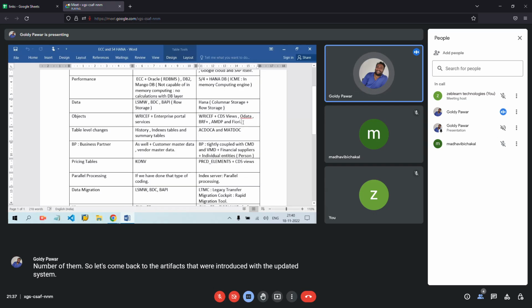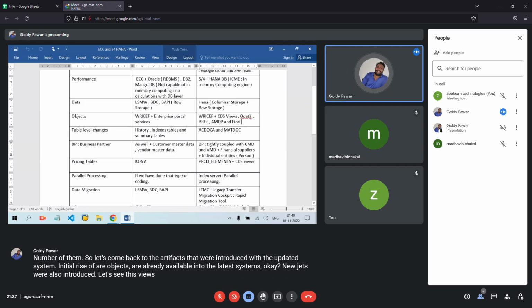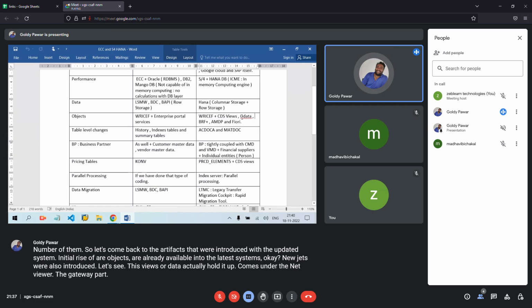So let's come back to the artifacts that were introduced with the updated system. Initial RISE-F objects are already available in the latest systems. New objects were also introduced like CDS views, OData. Actually, OData comes under NetWeaver, the gateway part. Gateway is also BRF plus. BRF was also there, but BRF plus came with advanced features.